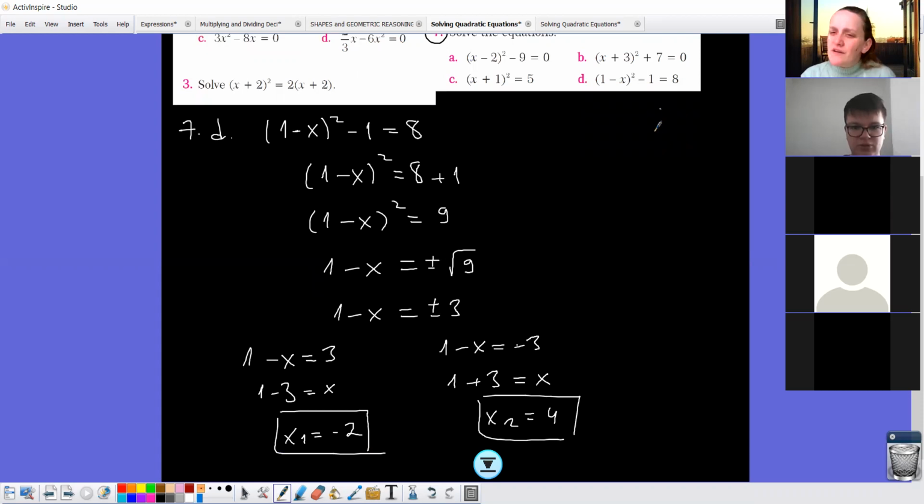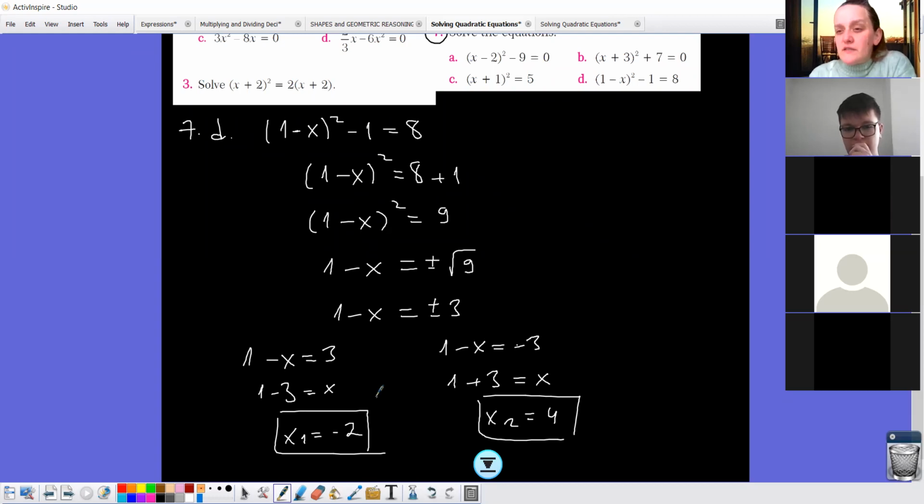Teacher, can I ask you a question? Yes. Why do we always have to write plus minus? Yes, always you have to write it. Okay? Also the others, it's the same logic. Think of this parenthesis as one unknown and then solve like that.